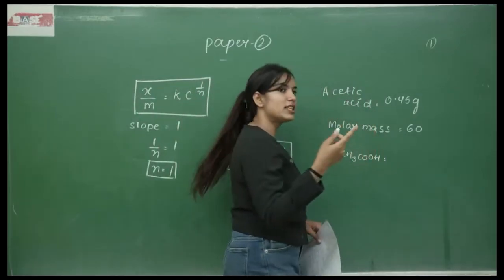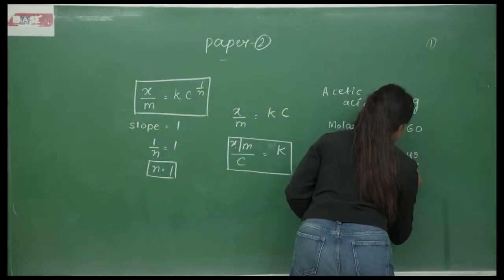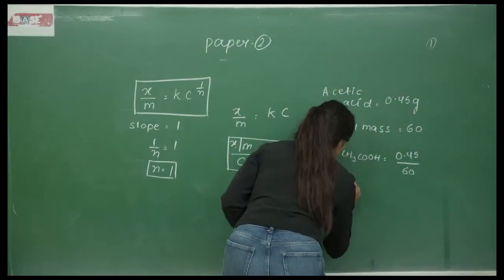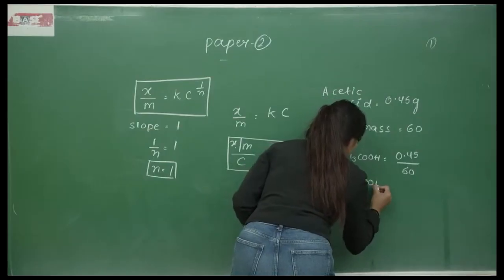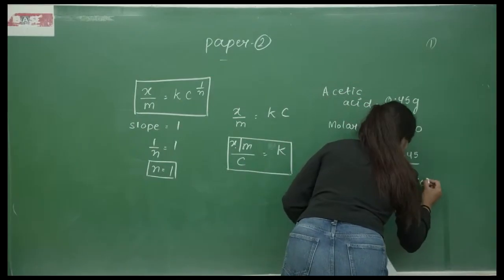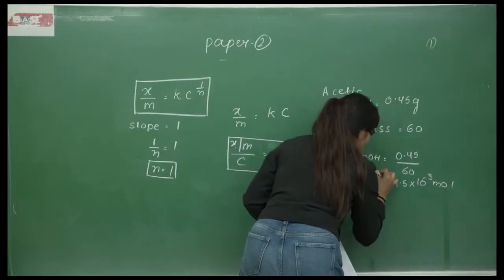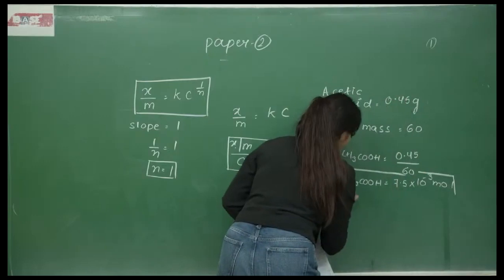How to find the number of moles? Given weight divided by molecular weight. So given weight 0.45 divided by 60. It should come around 7.5 into 10 raised to the power minus 3 moles. So these are the initial moles of acetic acid.